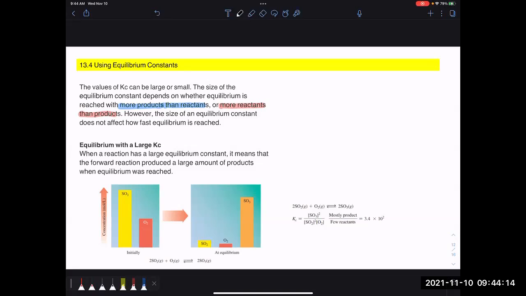So if we have an equilibrium with a large Kc, then we're going to be converting a lot of our reactants into the product. So here we have some reaction equation, but I guess it doesn't give numbers to put in here. Because this Kc is 3.4 times 10 to the 2, then we have mostly products and just a few reactants.